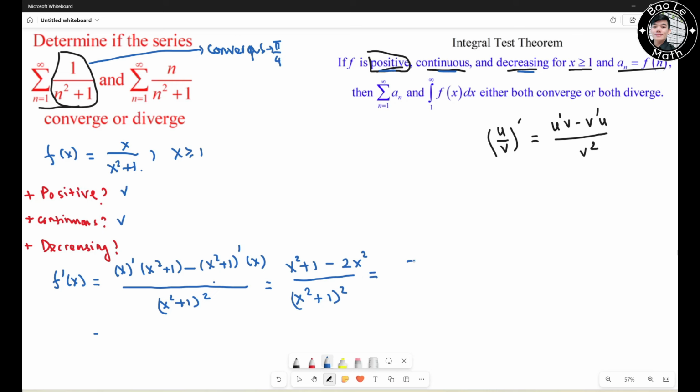It turns out to be negative s squared plus 1 over s squared plus 1 altogether squared. And don't forget the domain s greater than or equal to 1. So we need to determine if this guy right here is less than 0 or greater than 0, right?